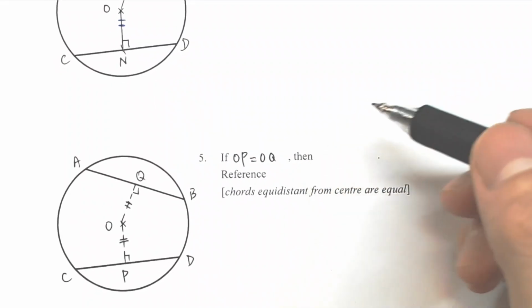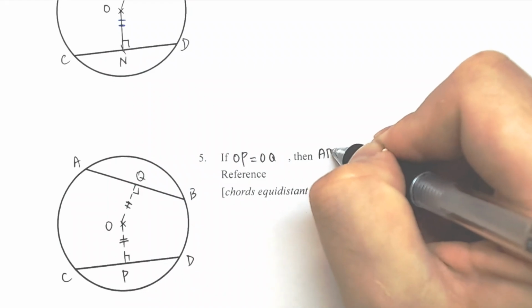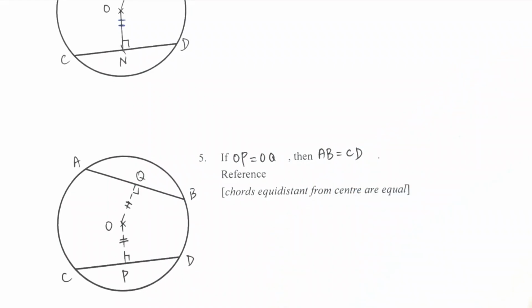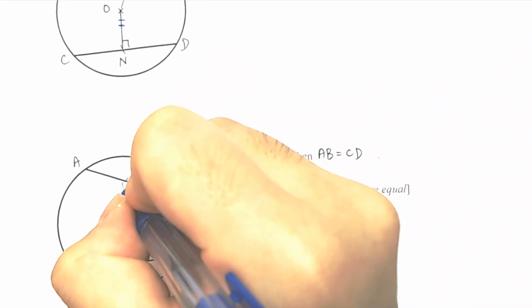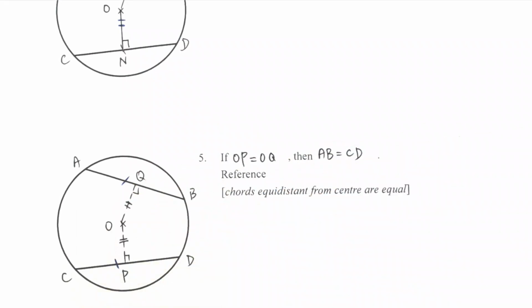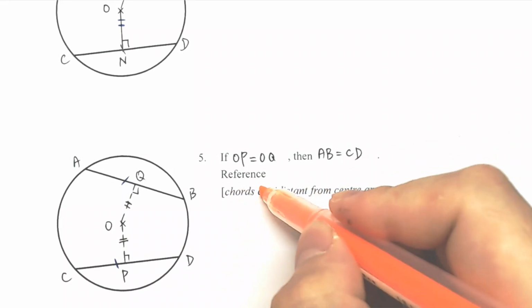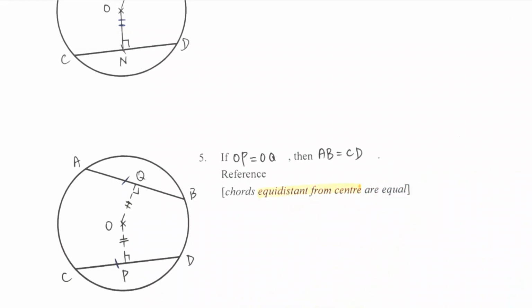The result is that the chord AB is equal to CD. The reference is: chords equidistant from center. The chords equidistant from center is the condition, and the chords are equal, that means equal in length.